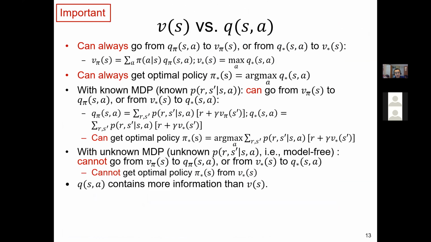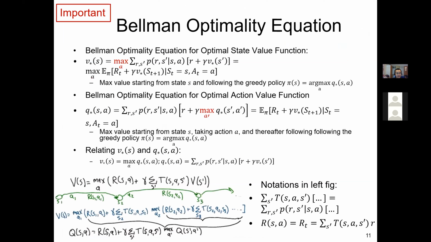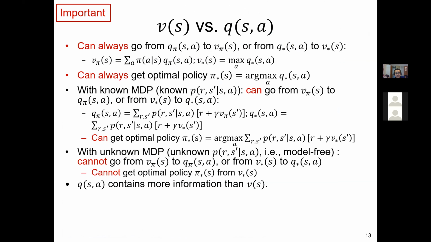So we talked about the value functions: the state value function and the action value function. One is V(s), one is Q(s,a), either for a fixed policy or the optimal values.